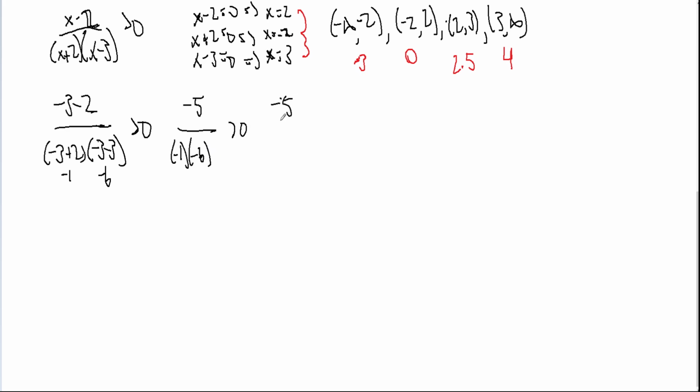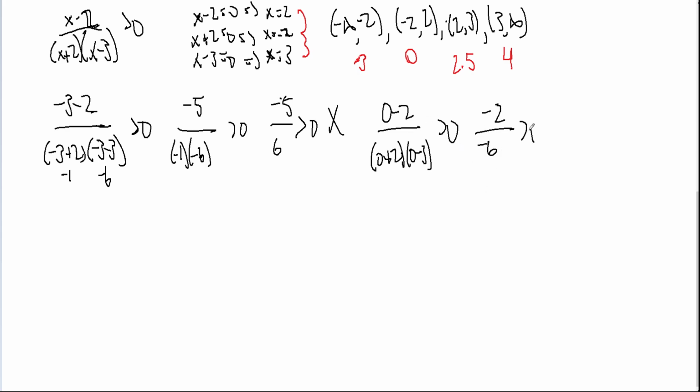And we end up with negative 5/6, which is not greater than 0. Our next value is x equal to 0, so we have 0 minus 2, 0 plus 2, and 0 minus 3. In our numerator we get negative 2. In our denominator we end up with negative 6, and then this simplifies down to 1/3, which is greater than 0.